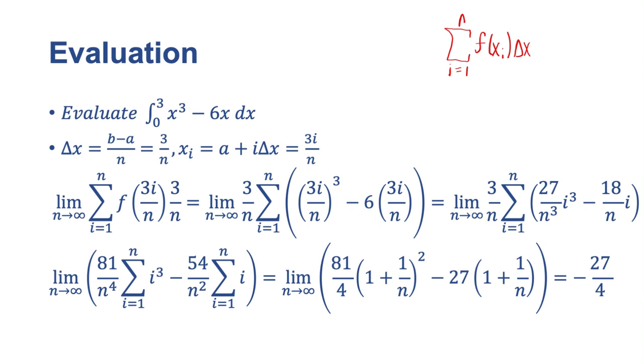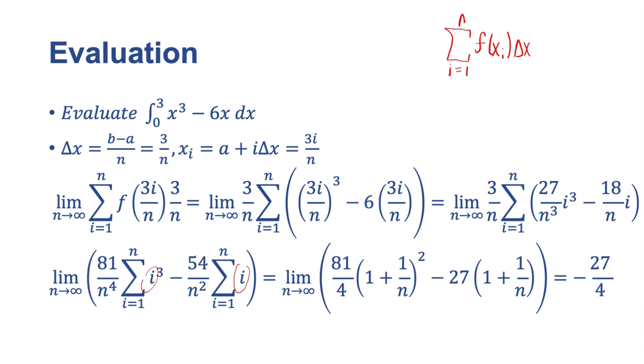So if we remember, we know the sum for i cubed and we know the sum for i. So it's going to give us the limit as n approaches infinity of 81 over n to the 4th times the sum from i equals 1 to n of i cubed minus 54 over n squared times the sum from i equals 1 to n of i. Of course, now that we know these sums, we can evaluate the limit.